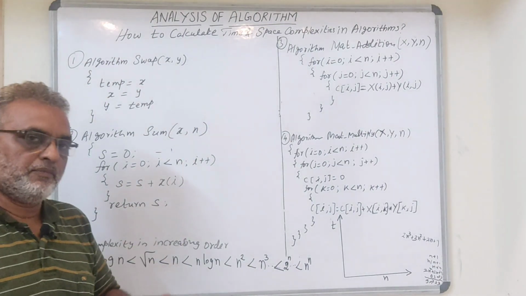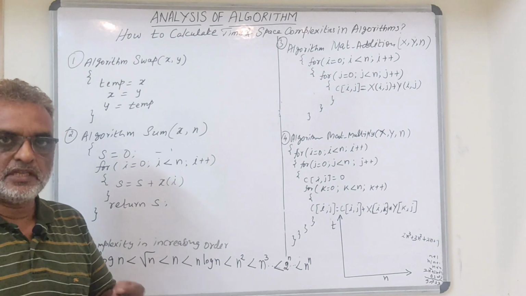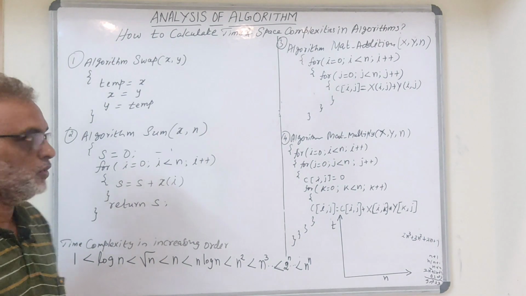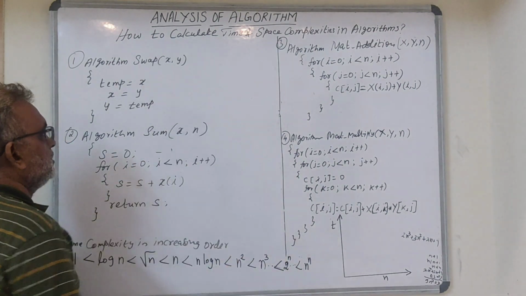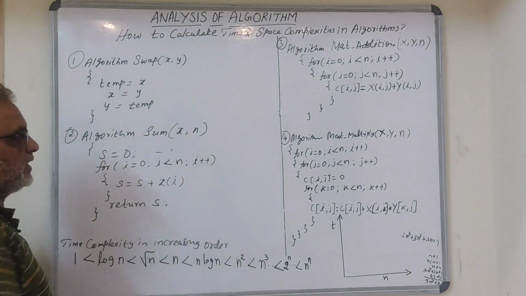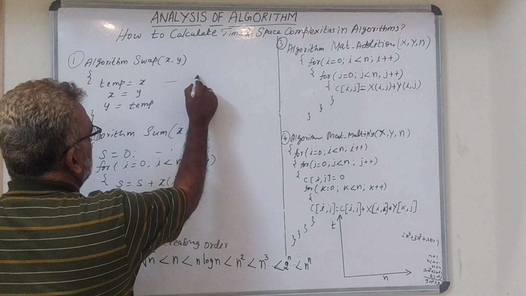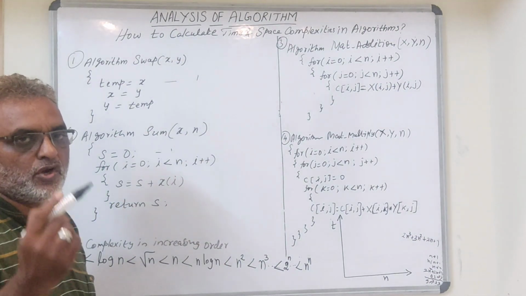You know that swap is a function that is available in some of the programming languages. It is nothing but interchanging the values between the variables. So the value of x will be copied in y and y will be copied in x. For that we have used a temporary variable, that is temp. This statement will be executed one time, so it will take 1 unit of time.